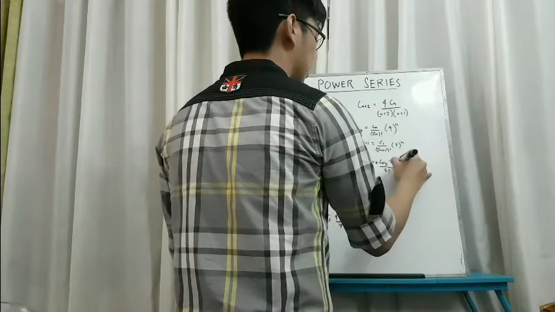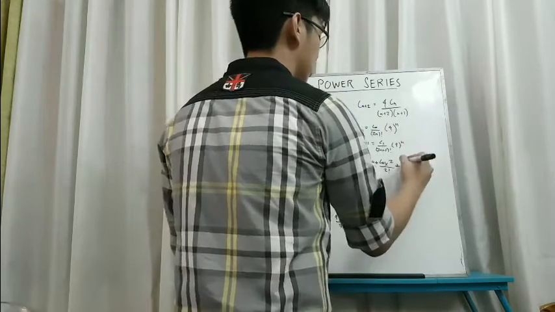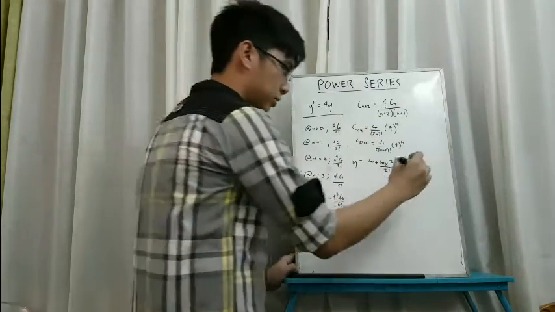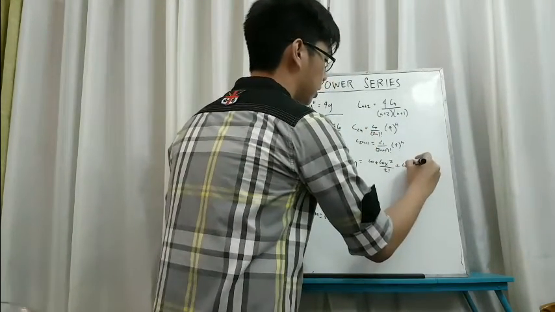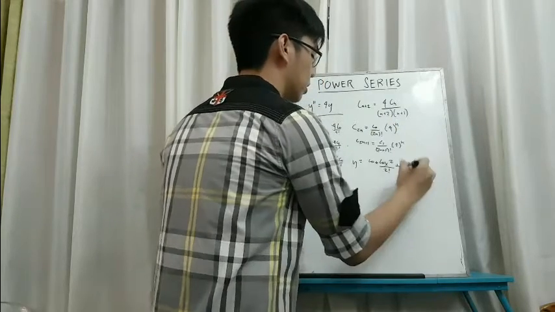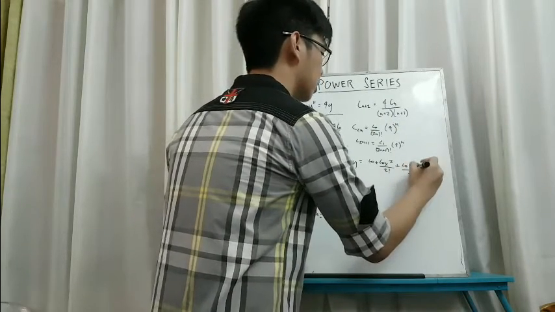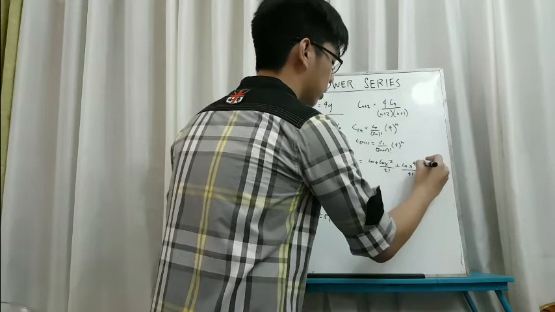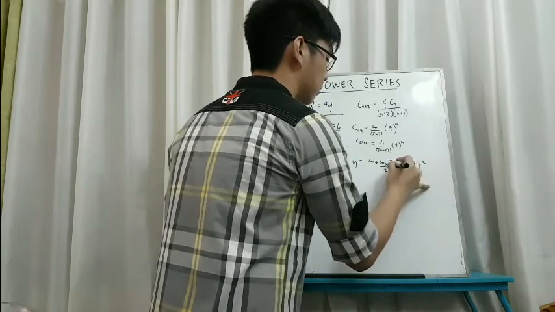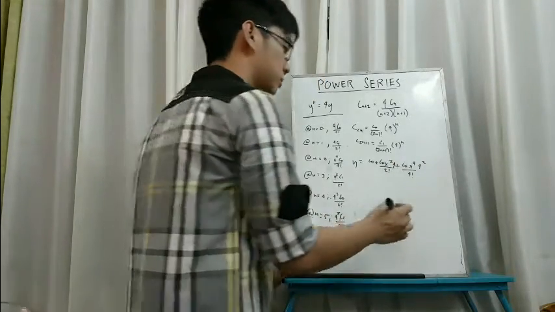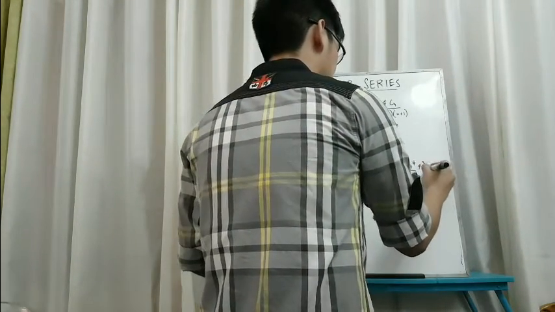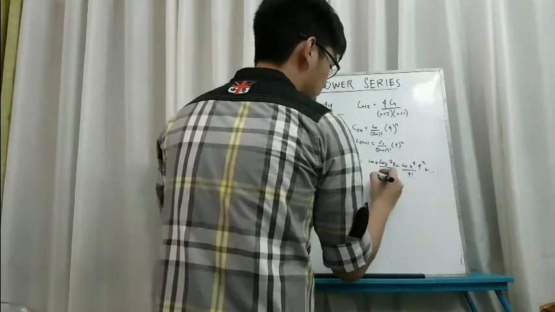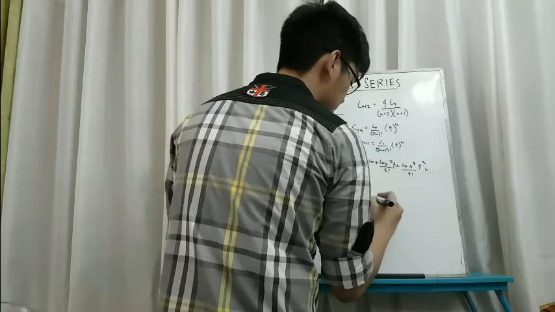Now next, 2 times 2 is C4, so there should be x raised to the 4th there, over 4 factorial times 4 squared. Sorry, this should have 4. Plus dot dot dot, and let's factor this out.